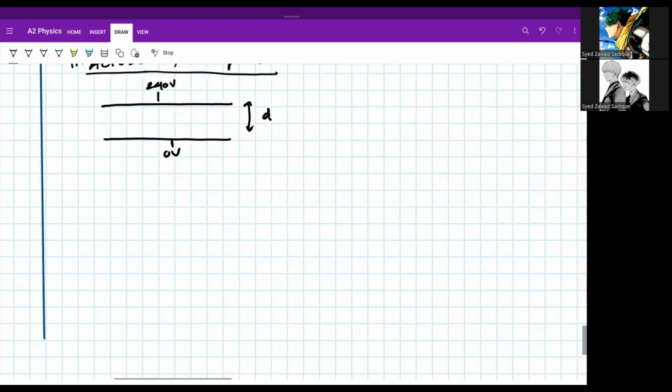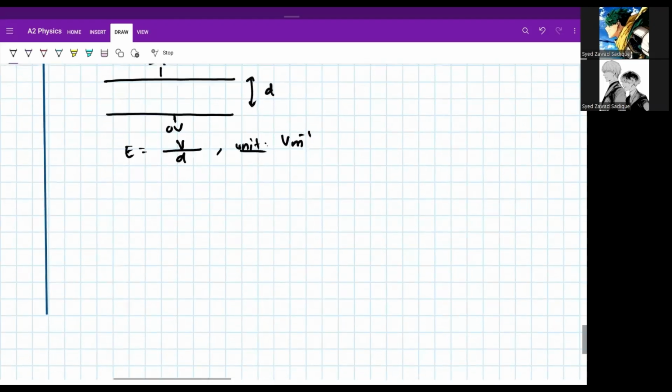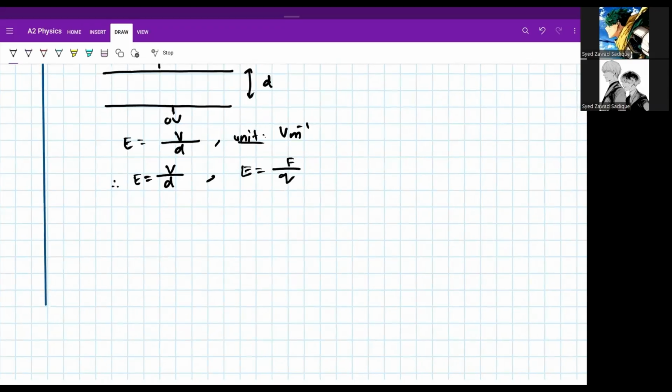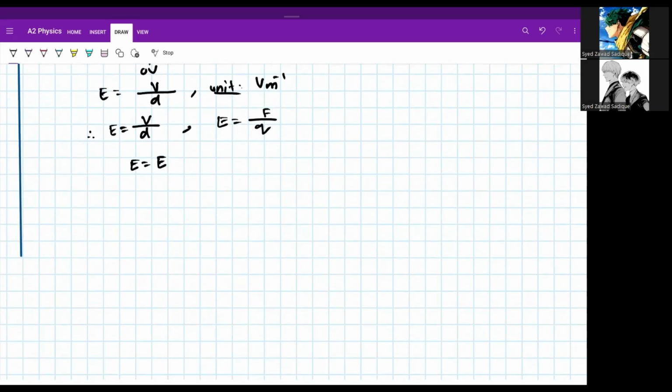So electric field strength is voltage divided by distance. The unit is volt per meter. If electric field strength is voltage divided by distance, and it is also force divided by positive charge, then equating E with E, V by d is equal to F by q.